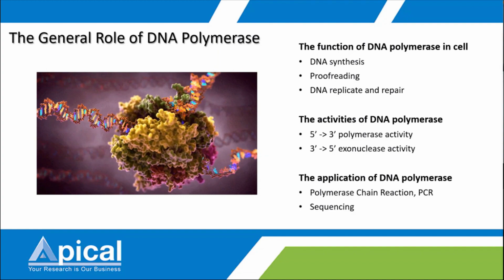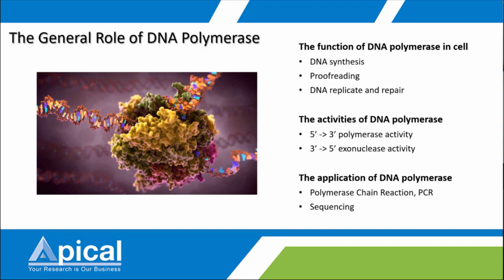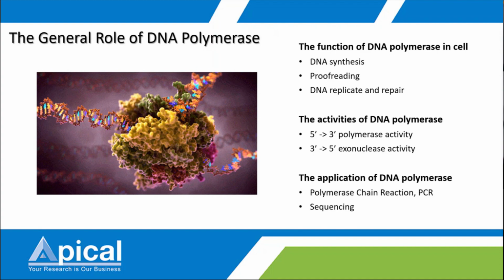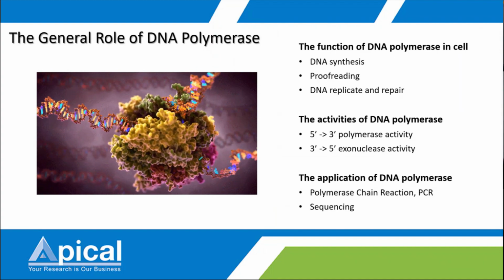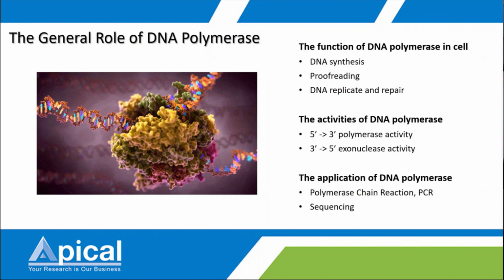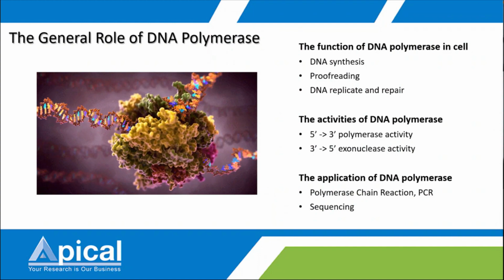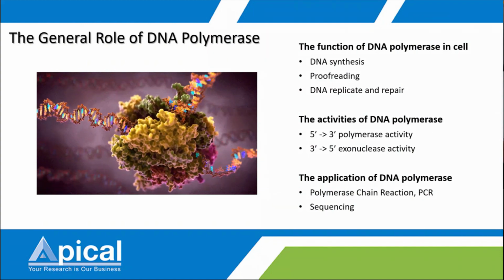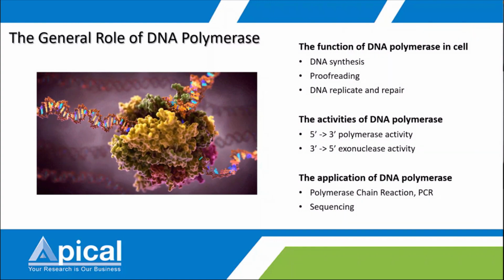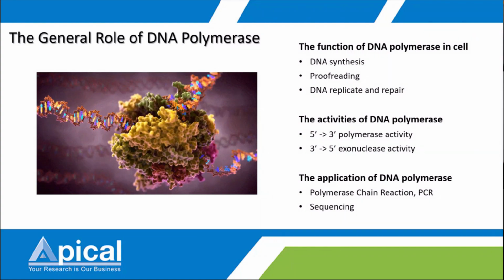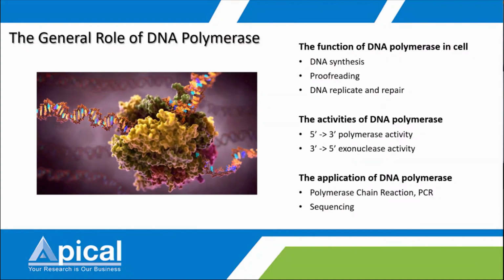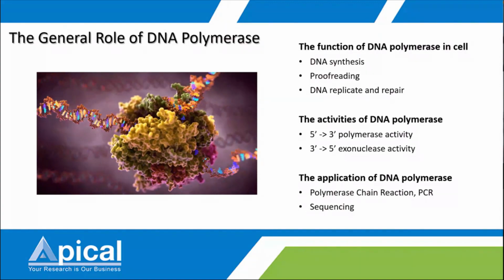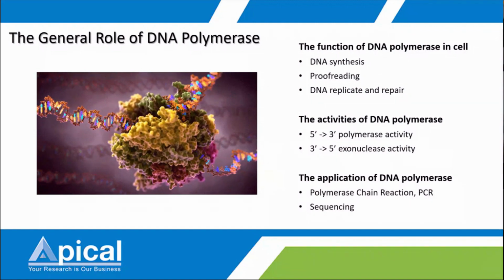This activity is also important in DNA replication and DNA repair, where it helps in copying DNA before cell division and also fixing damaged DNA in our cells. The other activity of DNA polymerase is called 3' to 5' exonuclease activity.